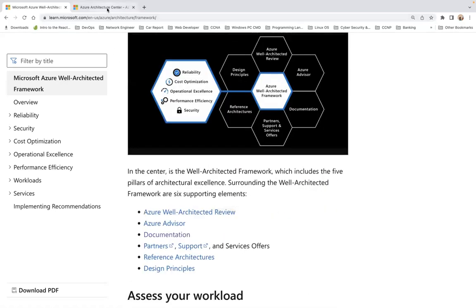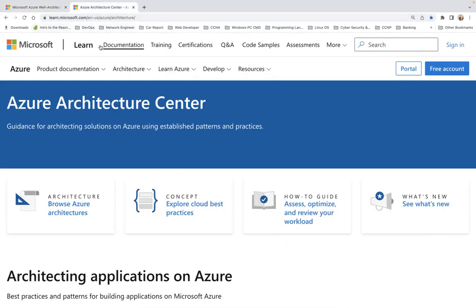The other resource I have, before I jump into this little slide that I prepared, is the Azure Architecture Center.